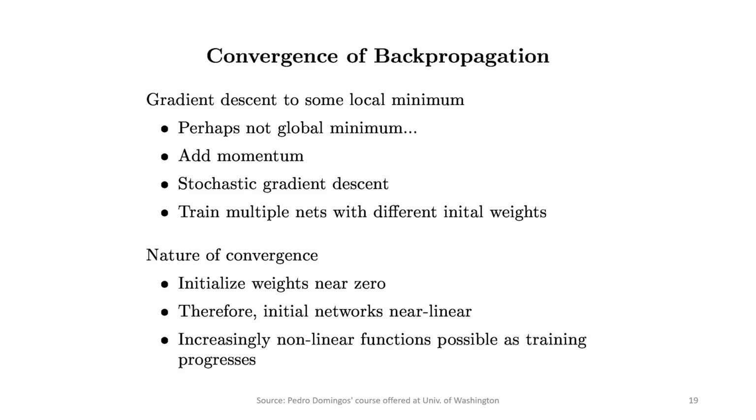So one way to train different neural networks to add the stochasticity would be to start with different initial parameters and see what parameters are learned.